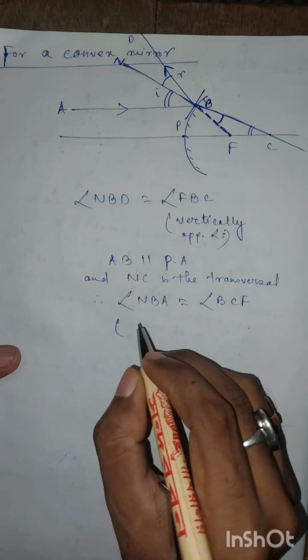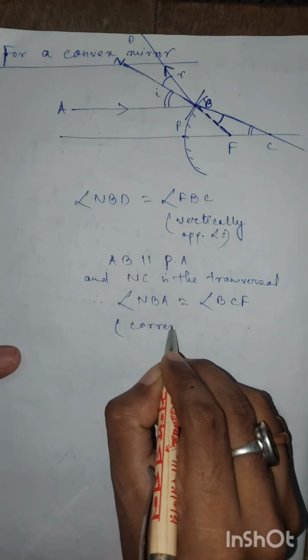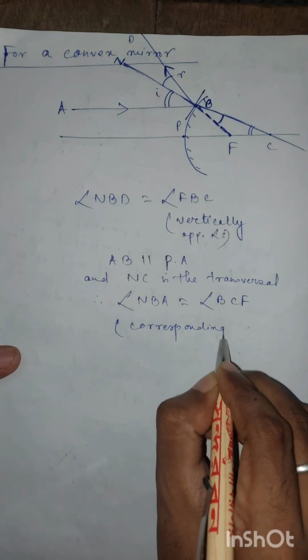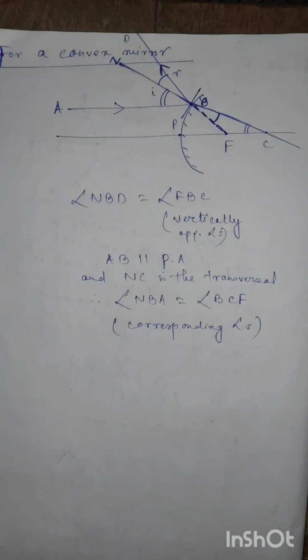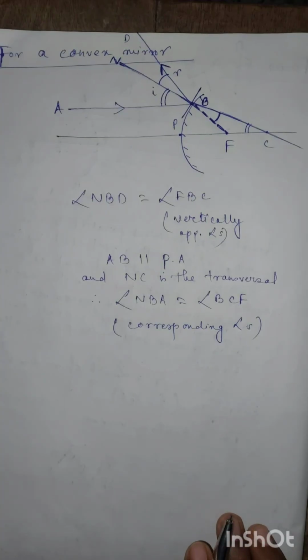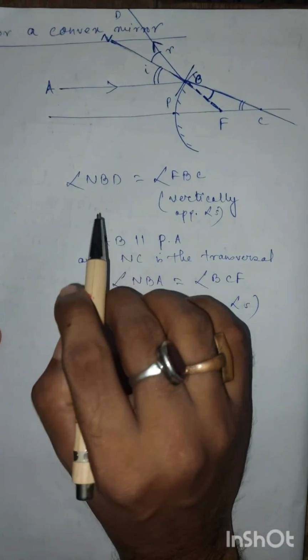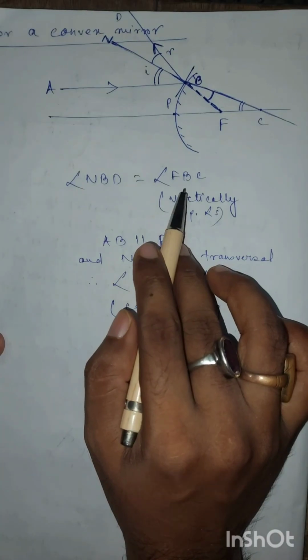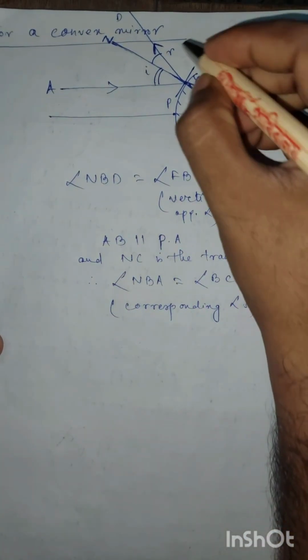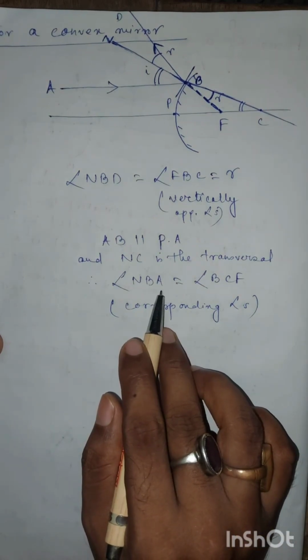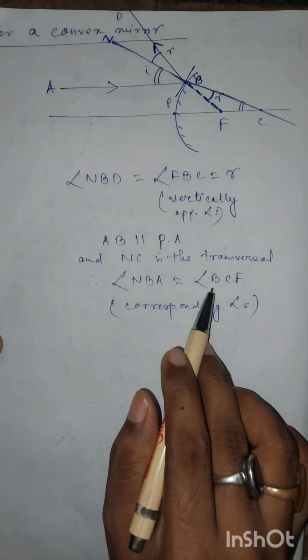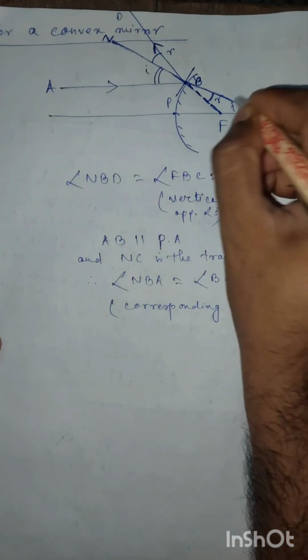Why? Because they are corresponding angles. So NBD equals FBC, that means this is equal to R, and NBA is equal to BCF, which is equal to I.